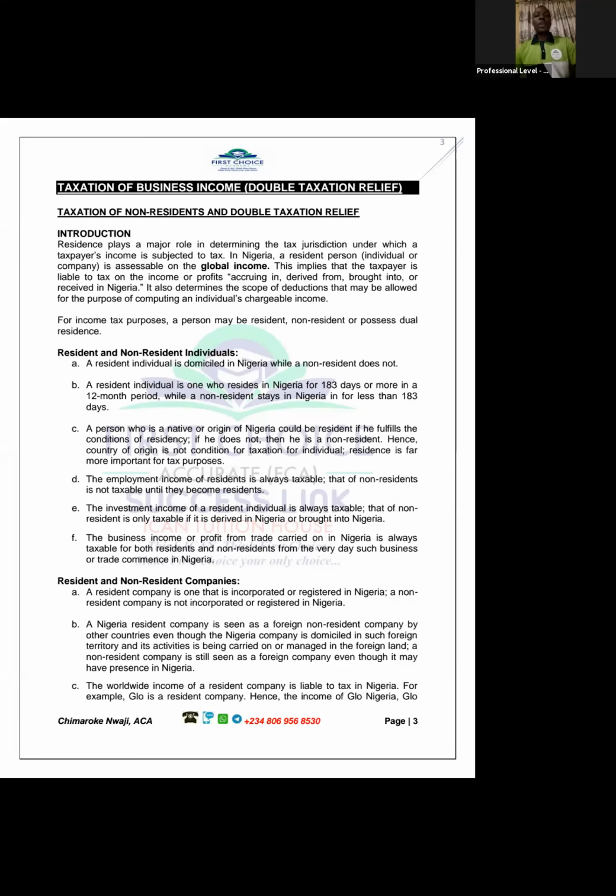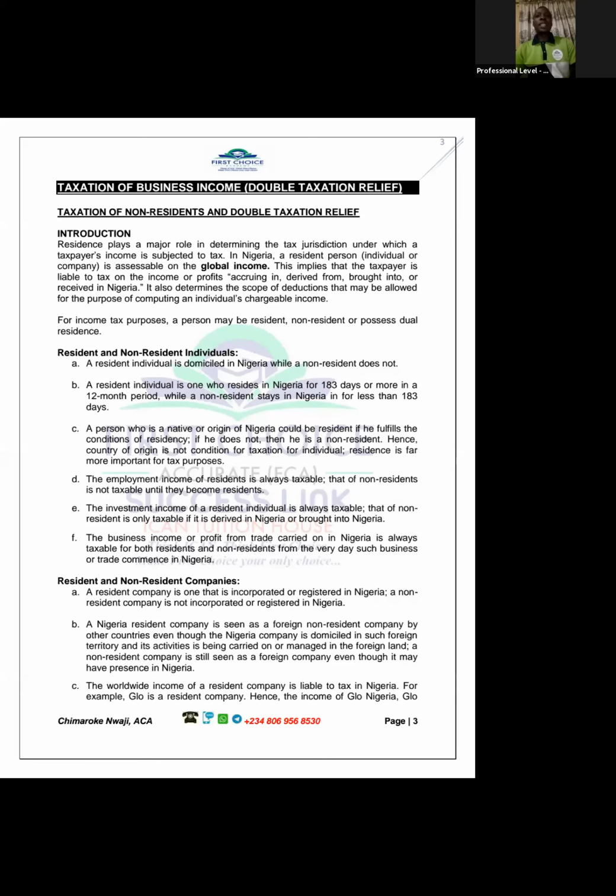And so if Glo, registered in Nigeria, has branches in all African countries and some parts of the world, the worldwide income of Glo will be repatriated to Nigeria. After all, Glo Nigeria is going to do the consolidated account that will consolidate everything. And so it's going to consolidate everything it gets from all over the world.